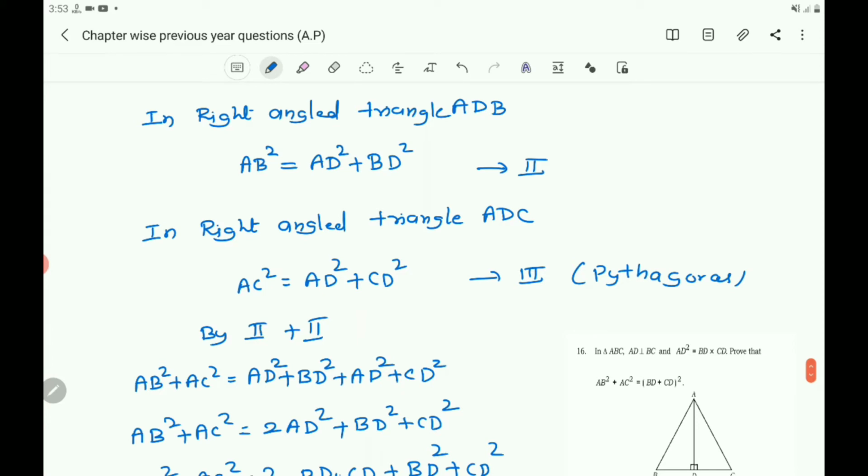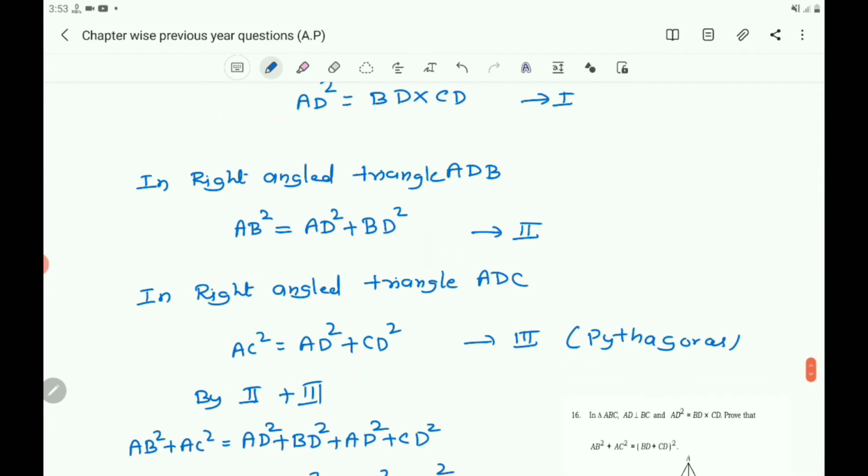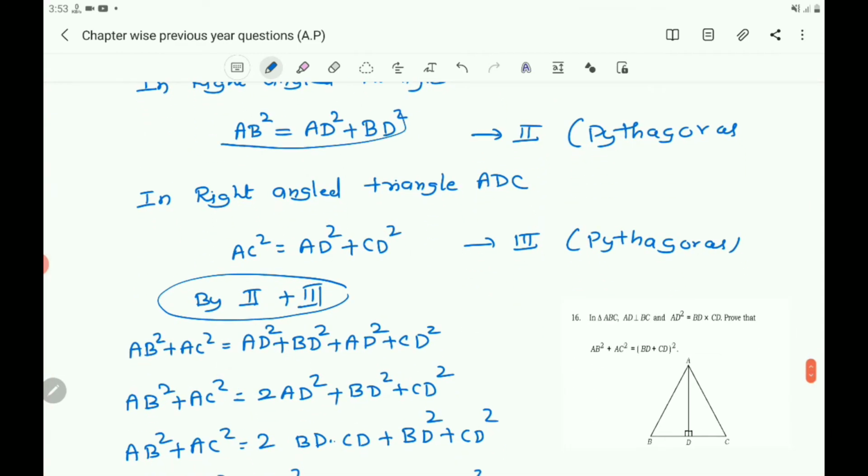This is also Pythagoras theorem, it is not first, this is second. By adding second and third, by adding this and this, LHS plus LHS equals RHS plus RHS, you got this one.